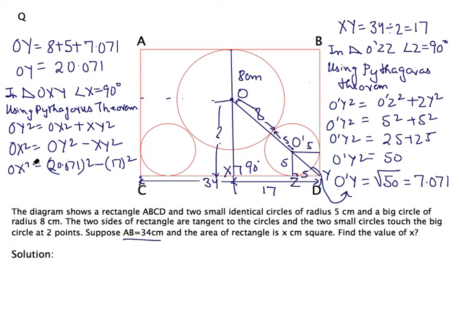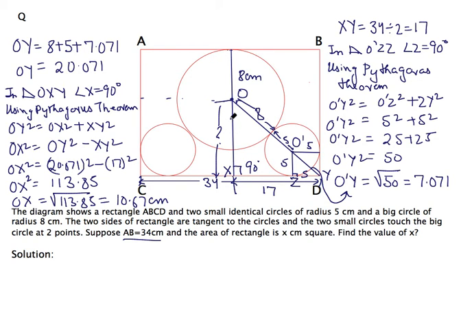If you calculate it using a calculator, you will get OX square equal to 113.85. That means how much is OX? OX is just the square root of 113.85, which is equal to 10.67 cm.